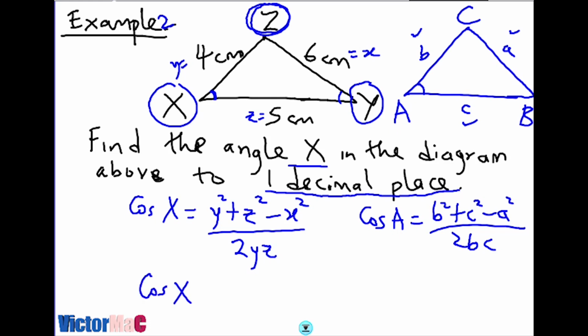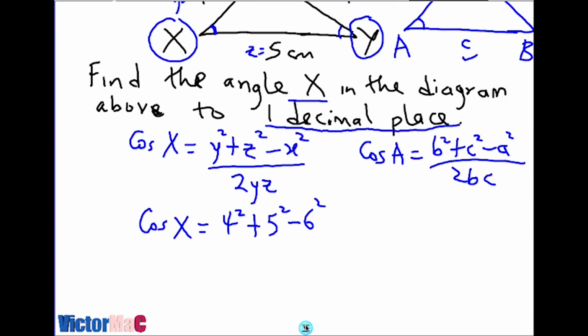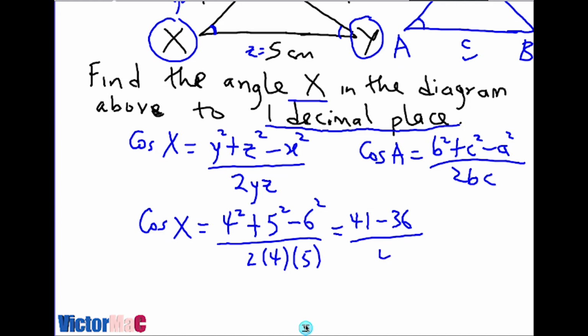Cosine of x is equal to the y given to us here based on our labeling is 4 squared, and then the z we've labeled as 5 squared, minus x is 6 squared, whole over 2 times 4 times 5. 4 squared plus 5 squared, that's 16 plus 25, that's 41. 6 squared is 36. 2 times 4, 8, 8 times 5, we have 40. 41 minus 36 is 5 over 40.